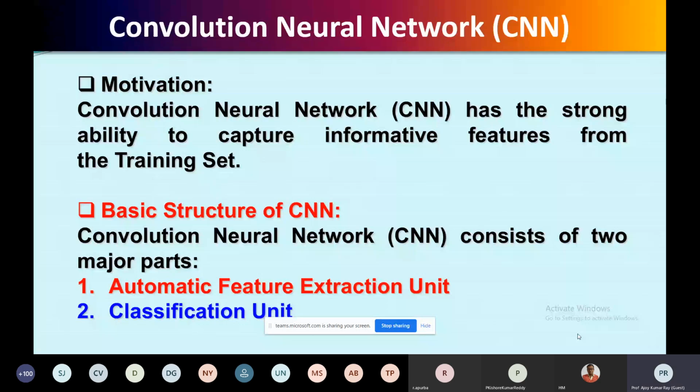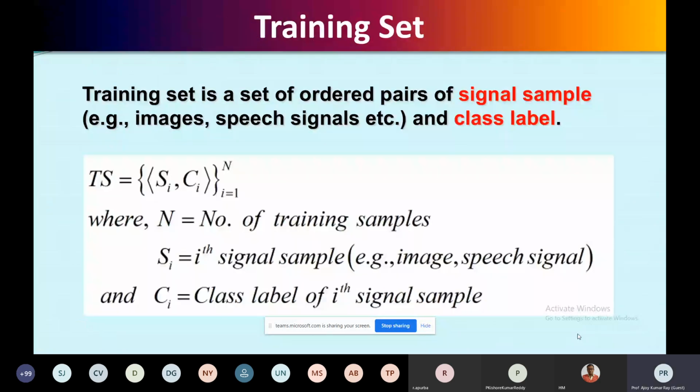At the same time, you can use it as a classifier. So it will do both feature extraction and classification. Only thing that you have to give is the labeled training pattern samples. So the training pattern samples in any case will have to be given.